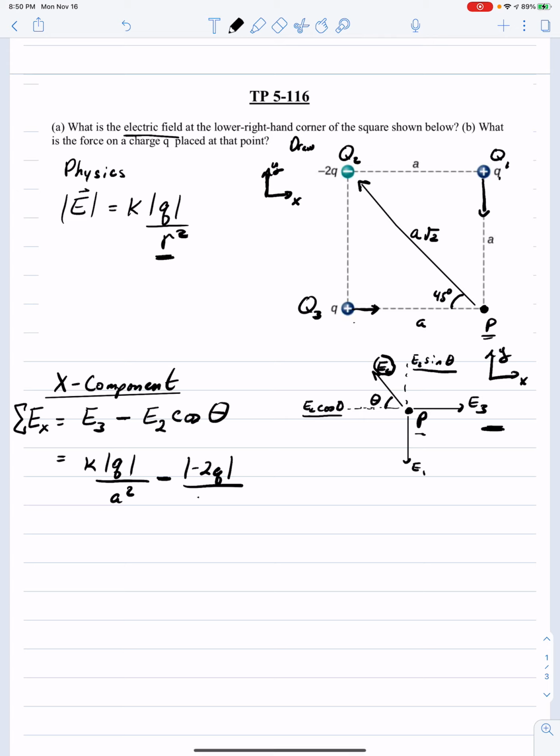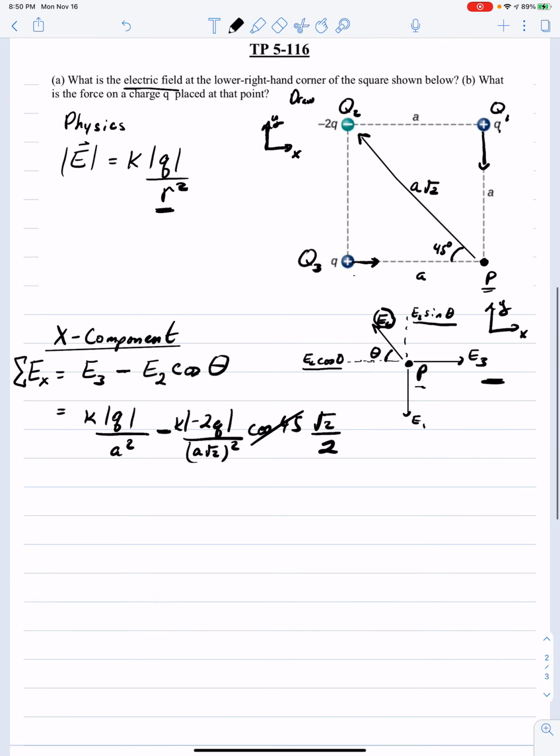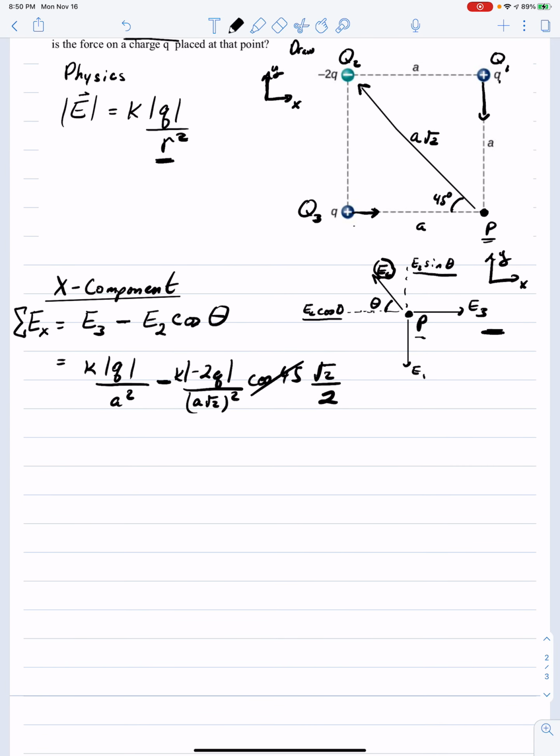I would write A square root of 2 here to the power of 2 times K, cosine of 45. This would equal the square root of 2 over 2. And you can solve this and we'll give you a more concrete answer. But for now, let's just leave it as Ex, electric field in the x direction, is equal to all this.